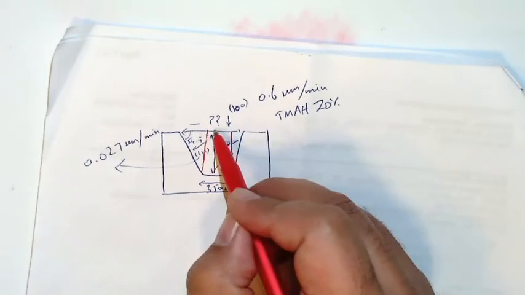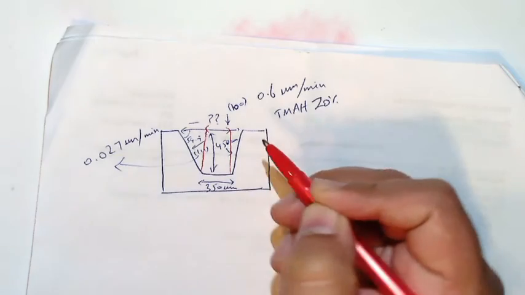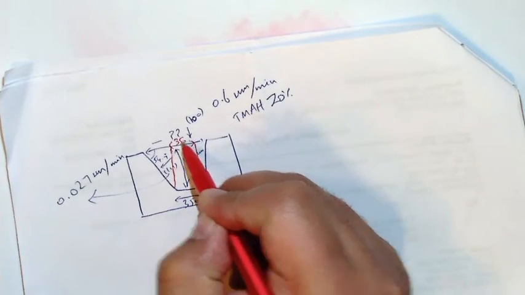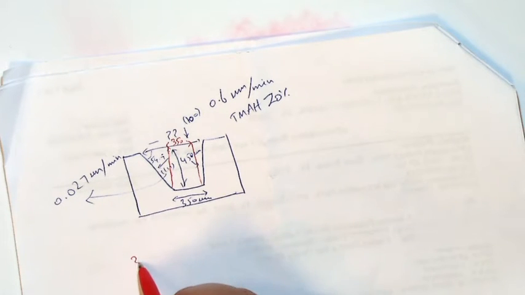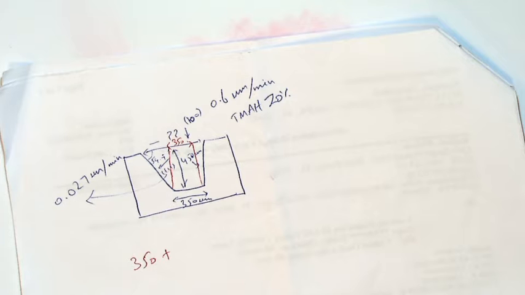So how much would be then this distance from this point to that point? 350, right? Because I'm making a rectangle. So this 350, so one dimension I know is the 350 plus something on both sides, okay? So we can calculate on one side because it's symmetric, so we can find out the other side.